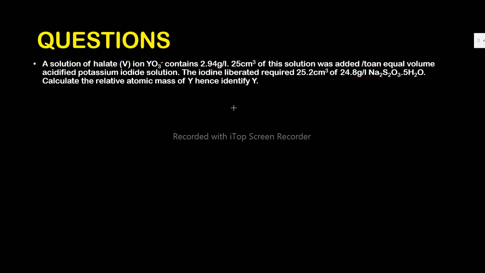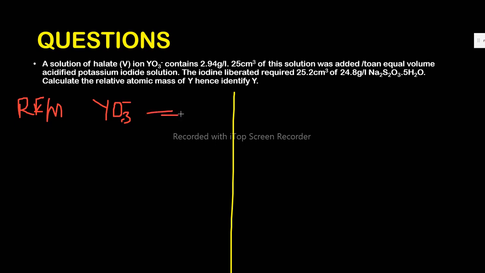So now, the RFM of our halide, it is YO3 minus. However, we need to know, is it sodium halide? Is it potassium halide? So we need it, and the RFM is 175.